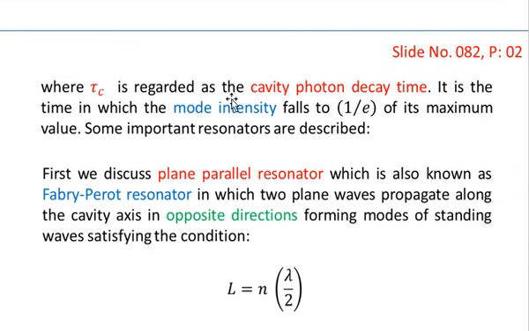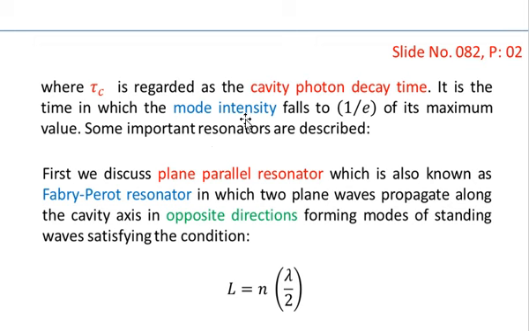where tau c is regarded as the cavity photon decay time. It is the time in which the mode intensity falls to 1 over e of its maximum value. So you see that here we are talking about mode intensity. In a resonator, there could be many modes oscillating within the cavity, as you will see later in this lecture.